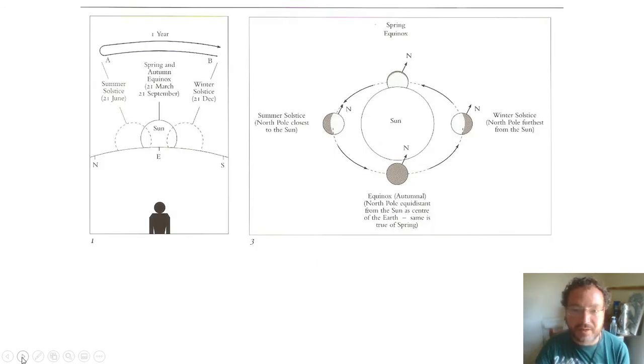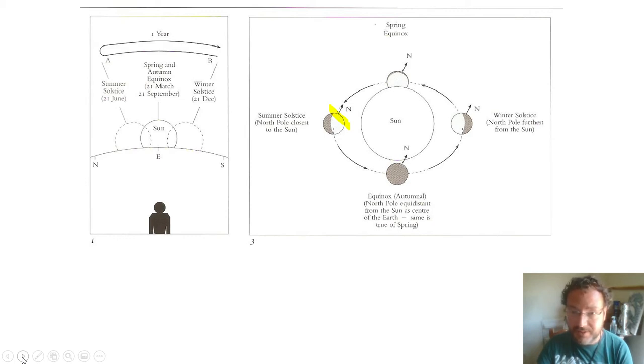Here we are. So at the summer solstice, us in the north, because of the 23-degree tilt of the Earth's axis, away from upright, we're then pointing towards the Sun. So we get more sunlight, basically, that time of year.